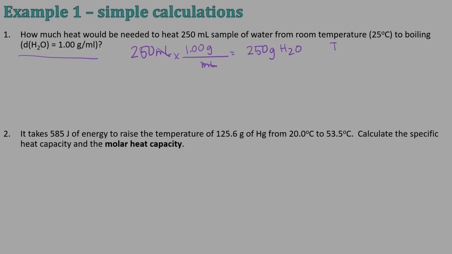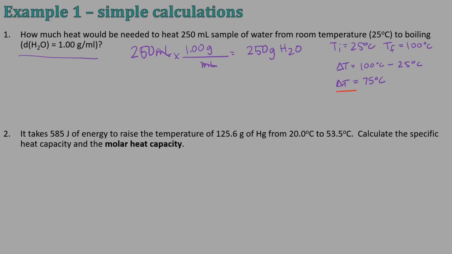I have an initial temperature equal to 25 degrees Celsius and a final temperature of 100 degrees Celsius because I'm heating it to boiling. So my delta T is going to be 100 degrees Celsius minus 25, always final minus initial, and that's equal to 75 degrees Celsius.